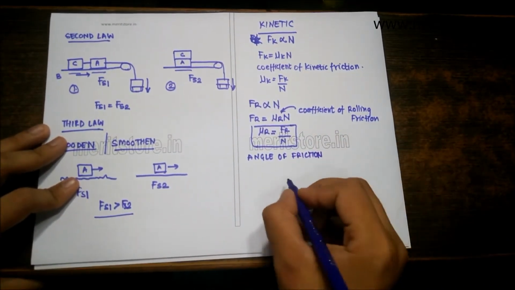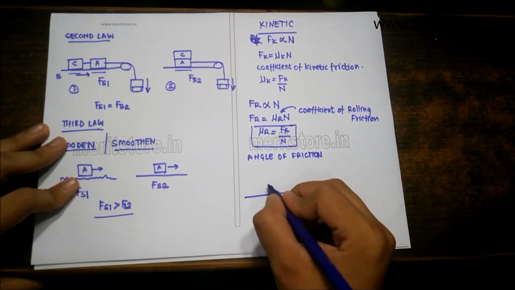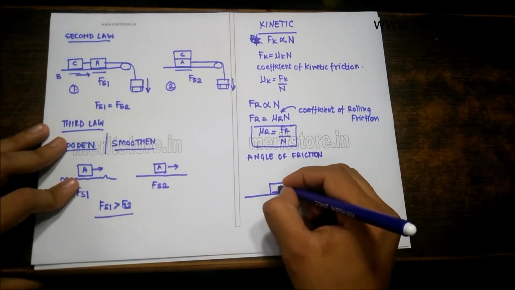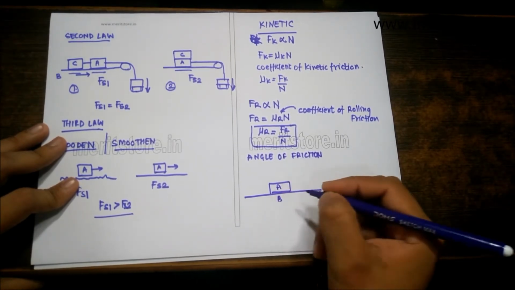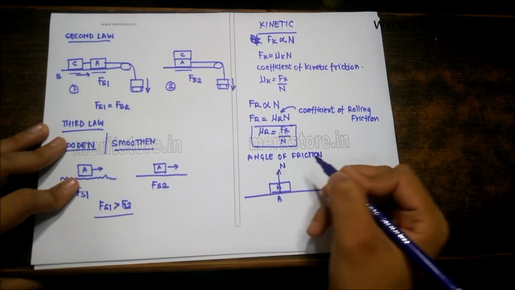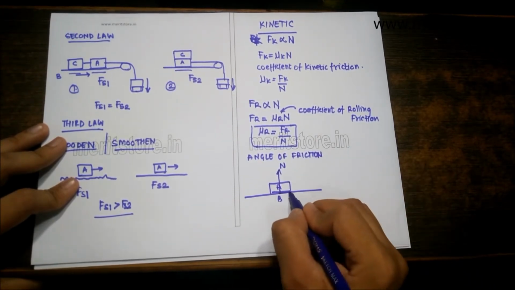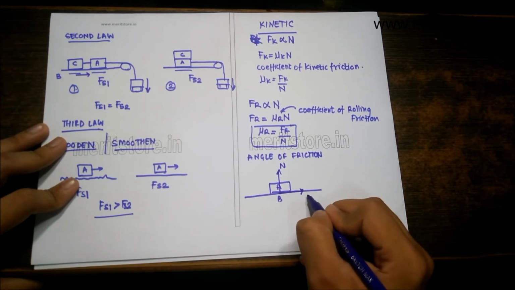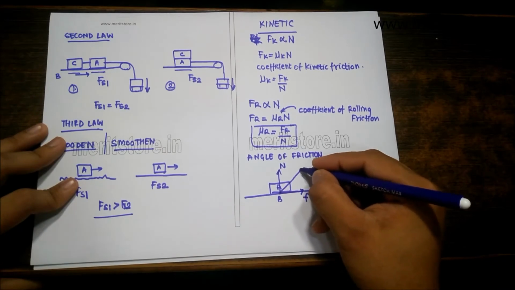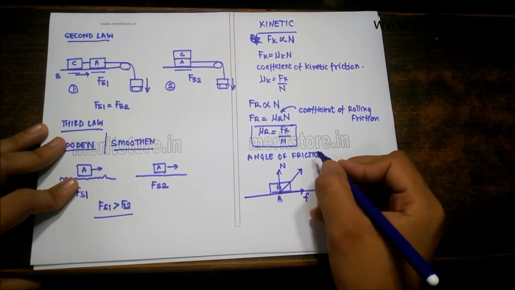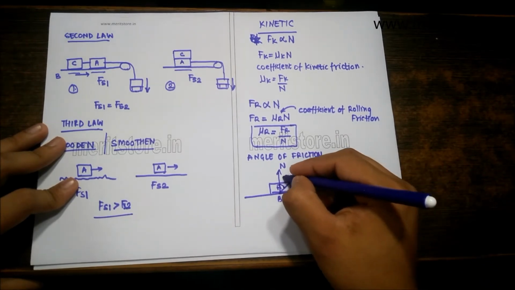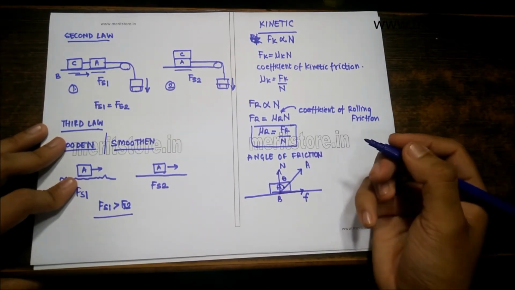So as we stated, if we have a surface and a body placed on that surface, this is body A on body B, this is my normal reaction force N, and this is my force of static friction F. Then we have the resultant, given by a vector A, where vector A makes an angle of theta with the normal.